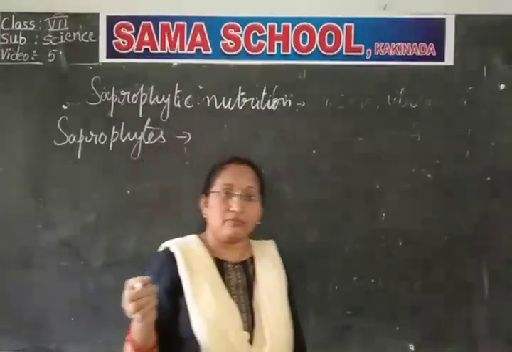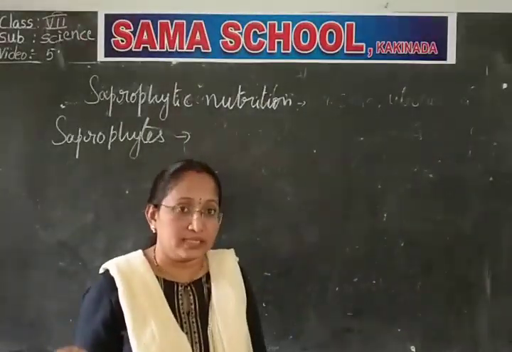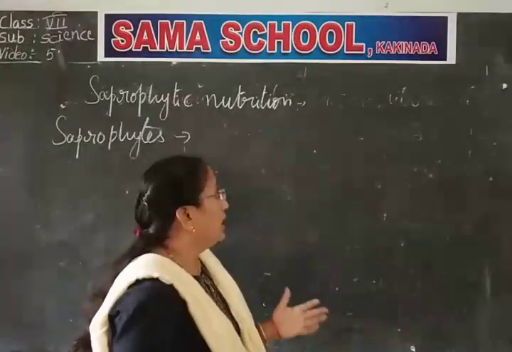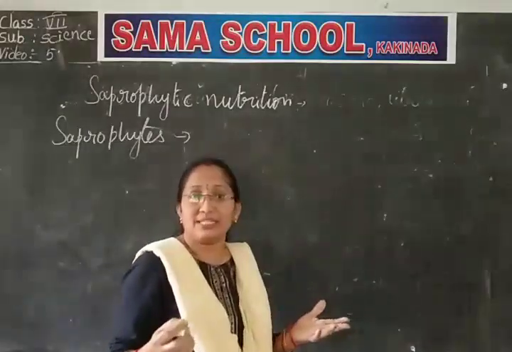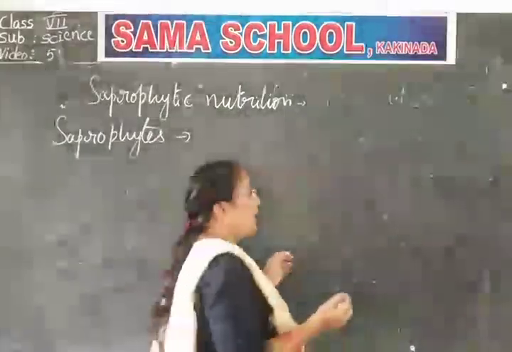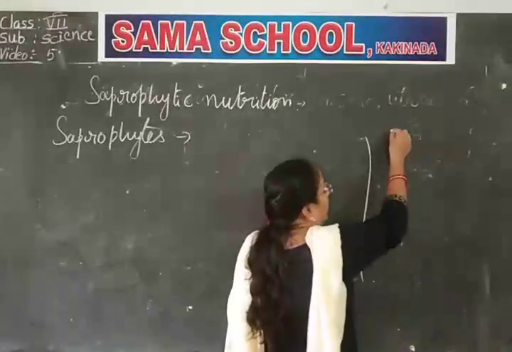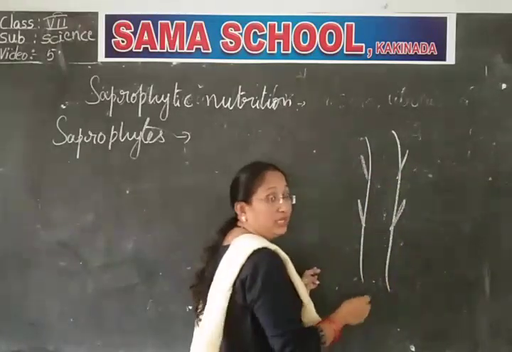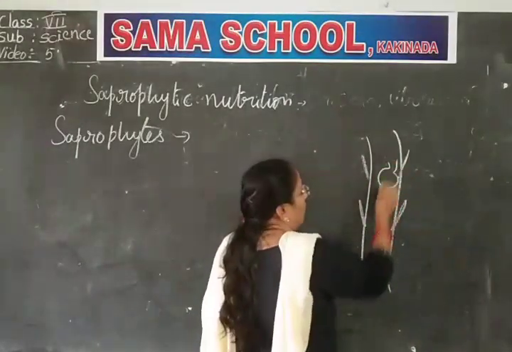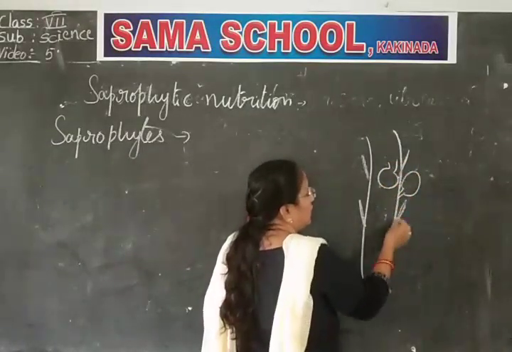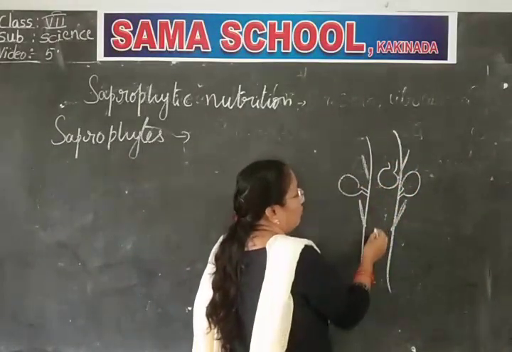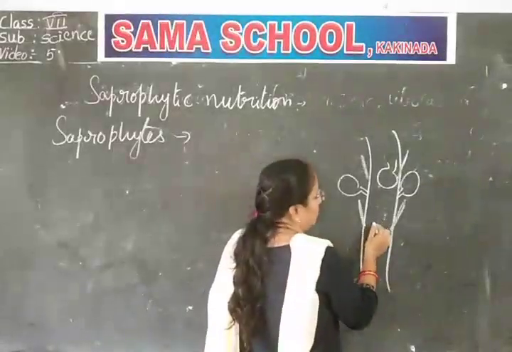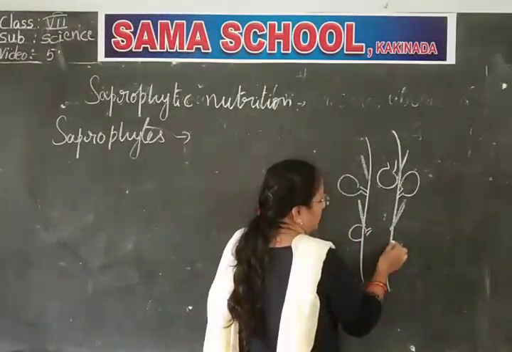Saprophytes means organisms. Before the definition, I will show you some examples which we see regularly in our daily life. In the rainy season, have you observed on the bark of a tree some knob-like structures, white button-like structures coming from the bark of the tree?